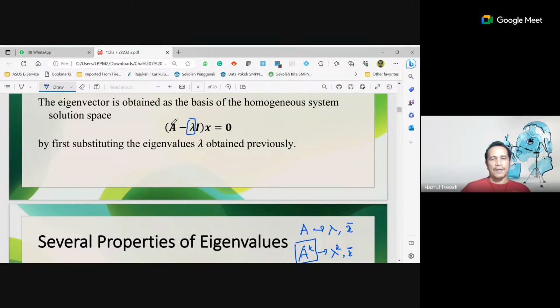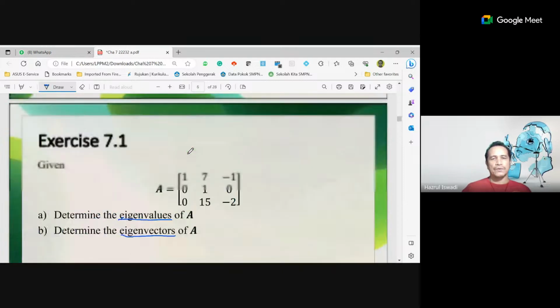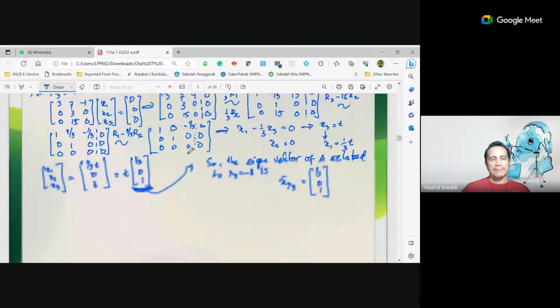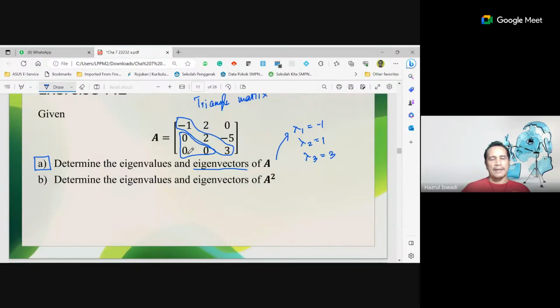The main diagonal of A must be subtracted by 2. Okay, let's redo it. We subtract the main diagonal of A by 2.